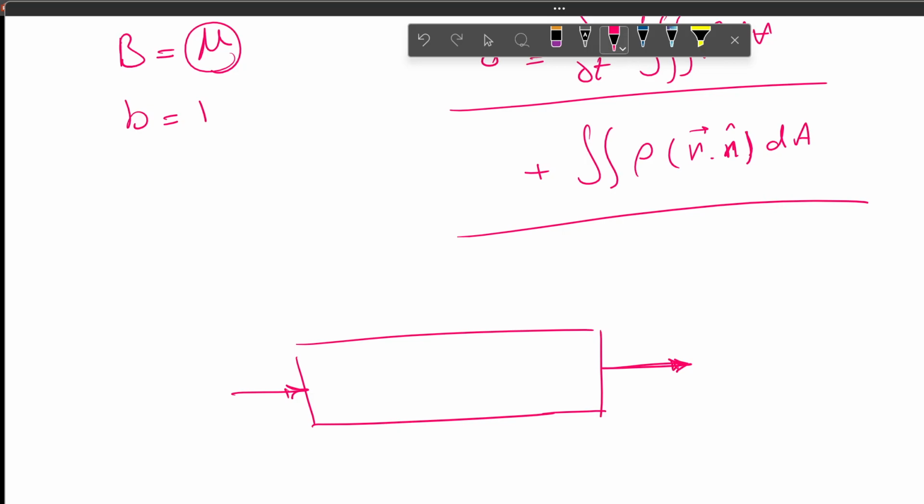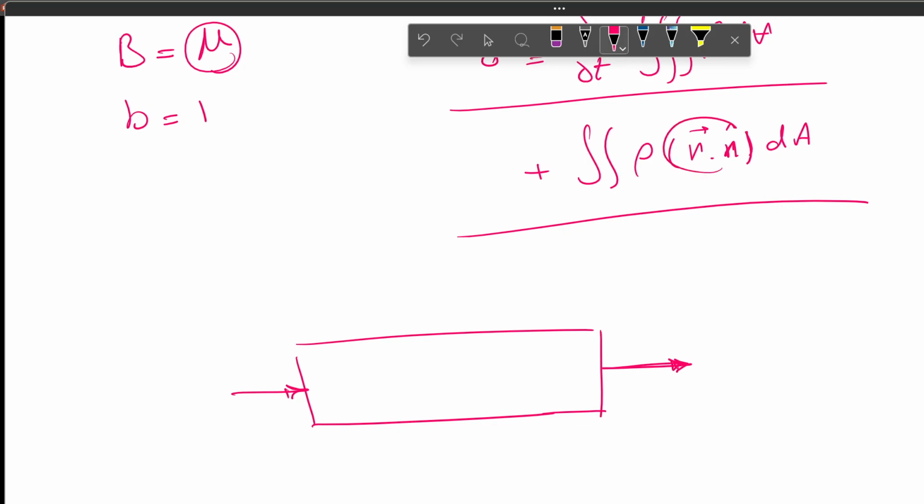And whenever you hear the word flux, you are talking about the rate of moving out of the system. So it is whatever you have per second, right? Kilograms per second, meters per second, cubic meters per second, right? And the rate can always be characterized with the velocity at that specific location.